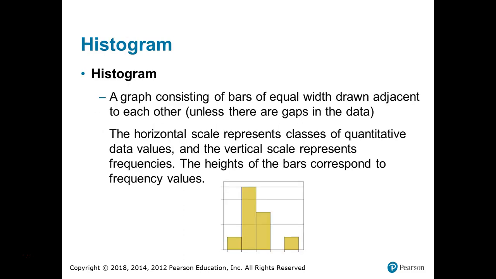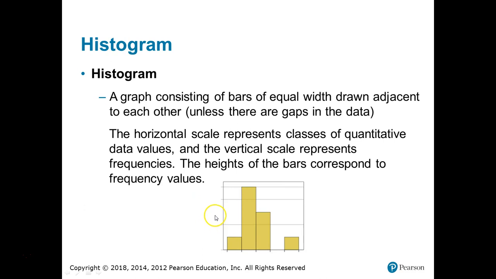And a histogram is basically a bar graph, the same bar graphs you've been doing since second grade. So it consists of bars of equal width. So these each have the same width. These are the class widths right here. The horizontal scale represents classes of quantitative data values, and the vertical scale represents the frequencies, how many times it appears.